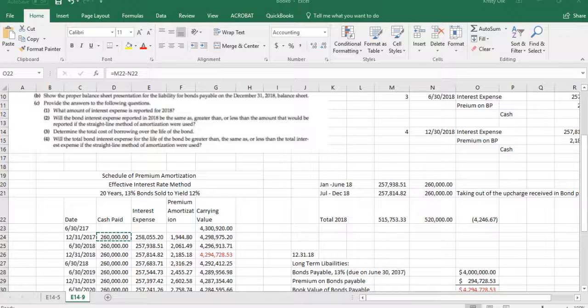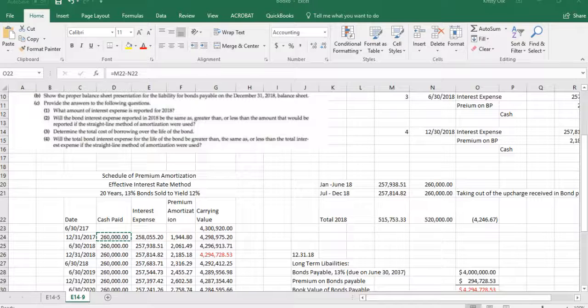So total cash that would be laid out for this bond is $14.4 million. Cash that was received at the issuance of the bond is the $4,300,920, creating a total cost of borrowing over the life of the bond of $10,099,080.